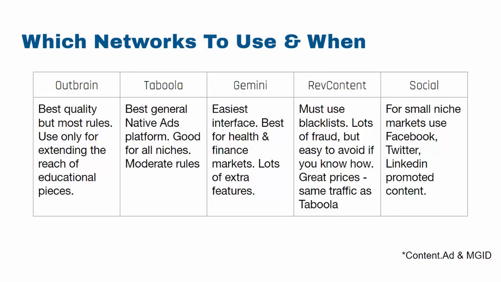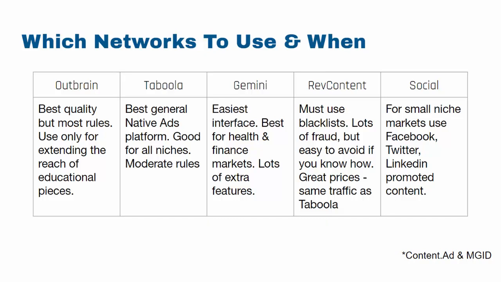And so that's the pros and cons of things. They're also a lot cheaper. Rev Content basically has the same traffic that Taboola has. However, because there's more riffraff and fraud, you really need to make sure you're using blacklists. And we'll talk about that in the course. You can get some phenomenal click prices in Rev Content, though. I usually like to start testing in Rev Content and then scale out to some of the bigger ones.